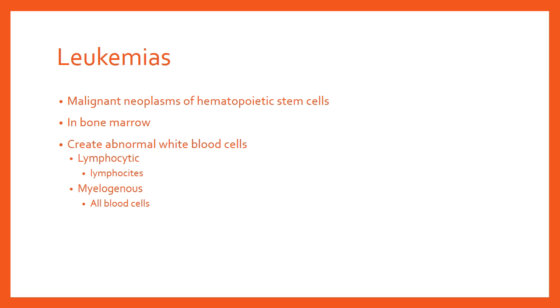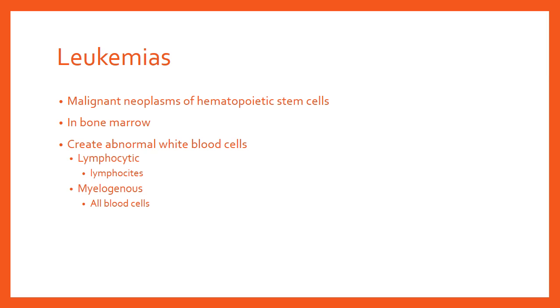Myelocytic or myelogenous will involve pluripotent myeloid stem cells, and it will involve basically all blood cells that come from myeloid stem cells. So this is the differentiation of lymphocytic and myelogenous.